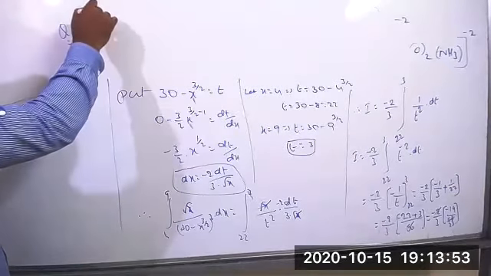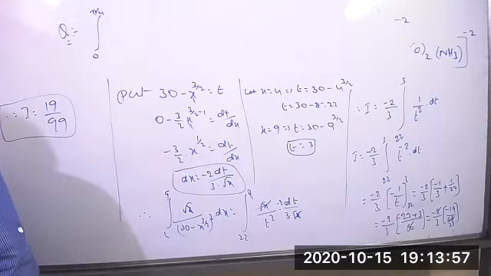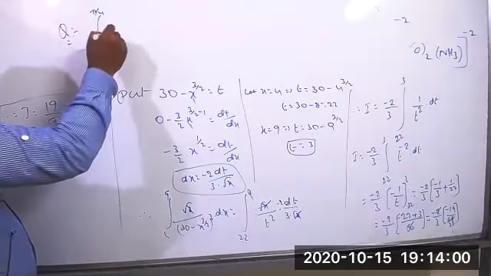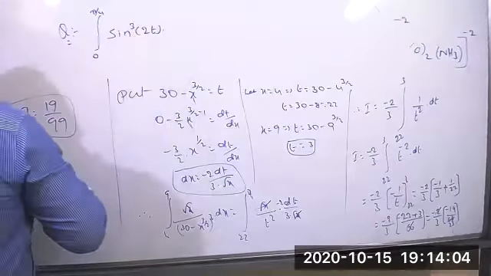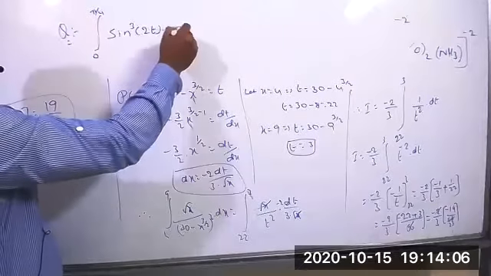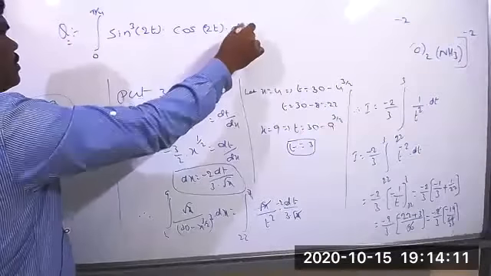Integration 0 to pi by 4, sine cube 2t into cos 2t into dt.